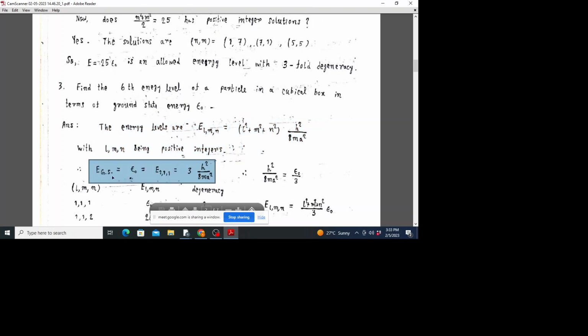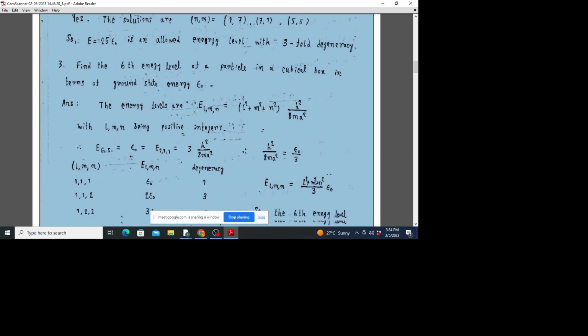So E_GS is given to be epsilon naught in the question, and the ground state energy will be obtained if we substitute L, M, N to be 1, 1 and 1, and you will get 3 multiplied by h squared by 8m a squared. So now we get the relation between this factor and the ground state energy.